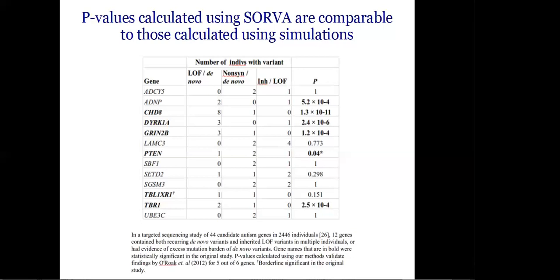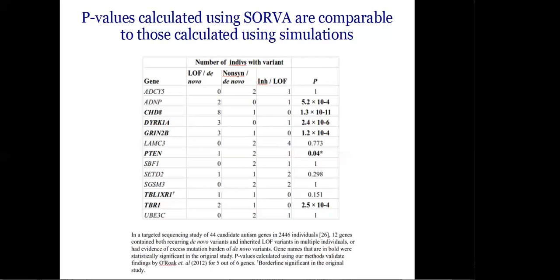If you enter the number of individuals in whom they found rare loss of function variants into SORVA, we can calculate a p-value as well for their findings, and the genes we found significant using the SORVA method in almost all cases match up to what the researchers found were significant.